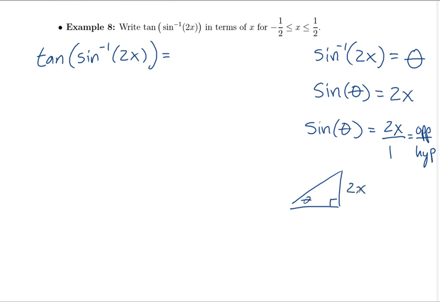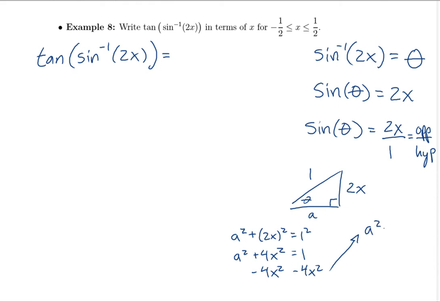Opposite is 2x, hypotenuse is 1. If I want to figure out what this is, let's call it a, I can say a squared plus 2x squared equals 1 squared. Then I can get a squared all by itself: a squared is equal to 1 minus 4x squared. So a would be the square root of that.